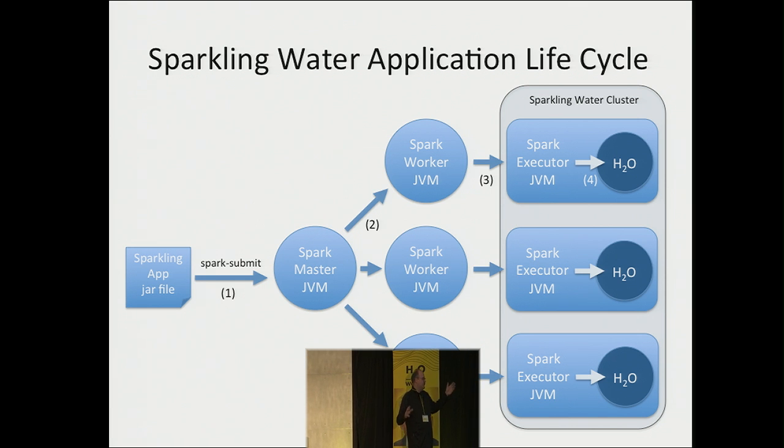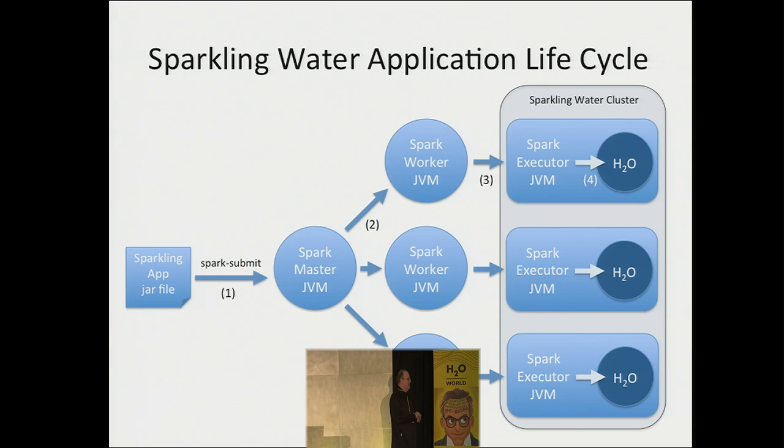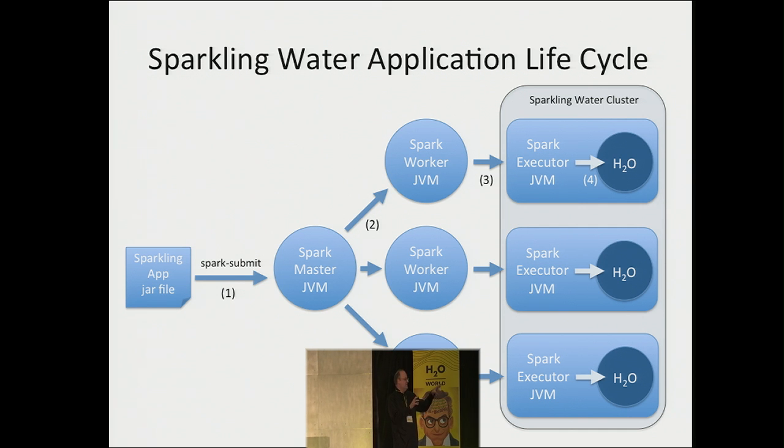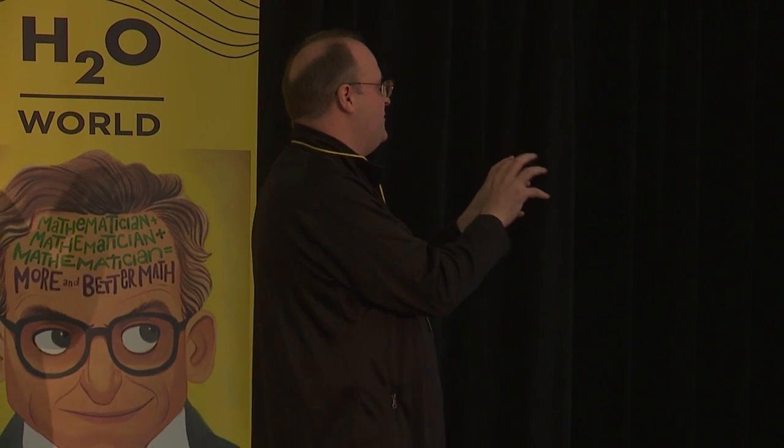It's basically just using the standard Spark submit to start a job on the Spark master. The master will then distribute the job to the different workers, and each worker will start an executor. What's interesting about this, and this might even be more technical from a Spark workflow than most people are familiar with, but the thing that I want to point out that's really important is on the right side here: every JVM has both a Spark personality and an H2O personality within the same JVM process.